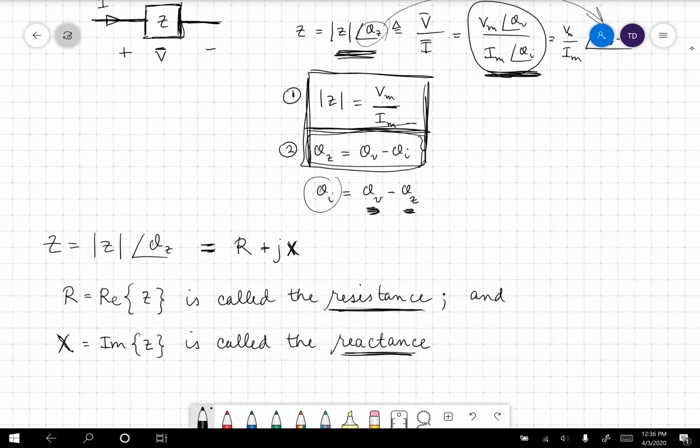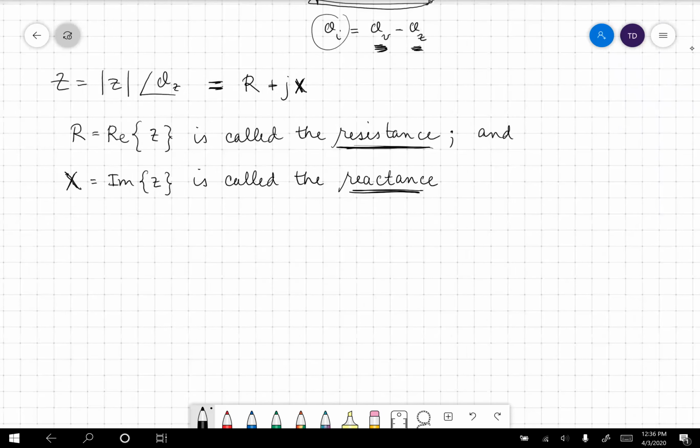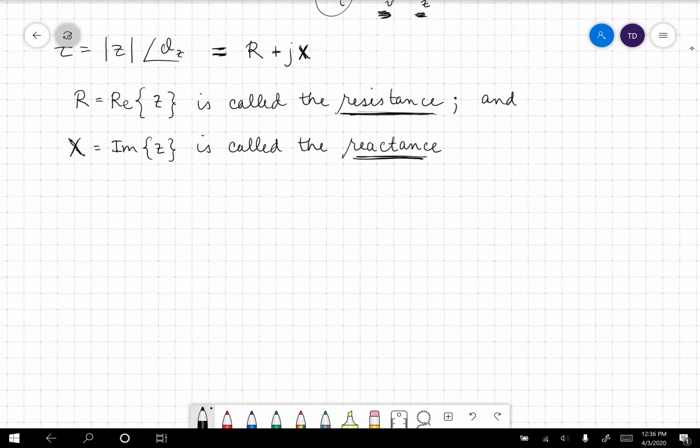Now, you and I both know that we can always easily go from polar form to rectangular form, and vice versa, from rectangular form to polar form. So let's do that. If I have the polar form, how do I find the rectangular form?